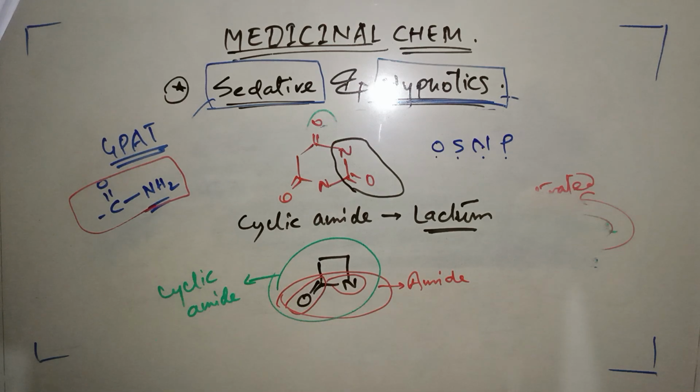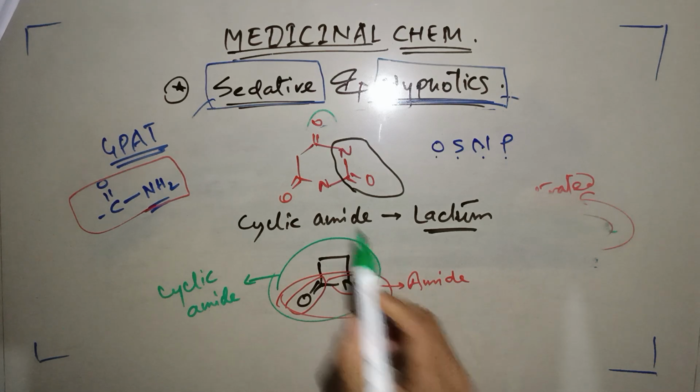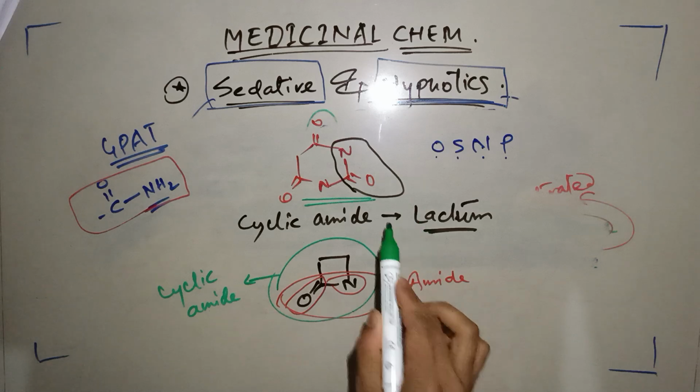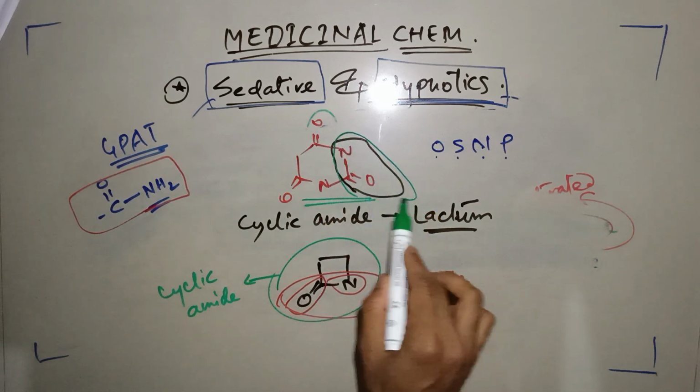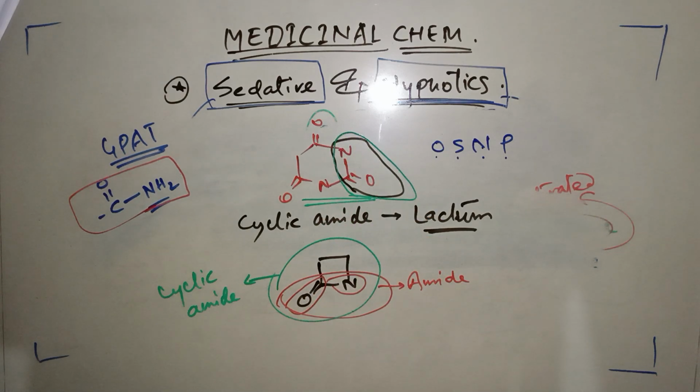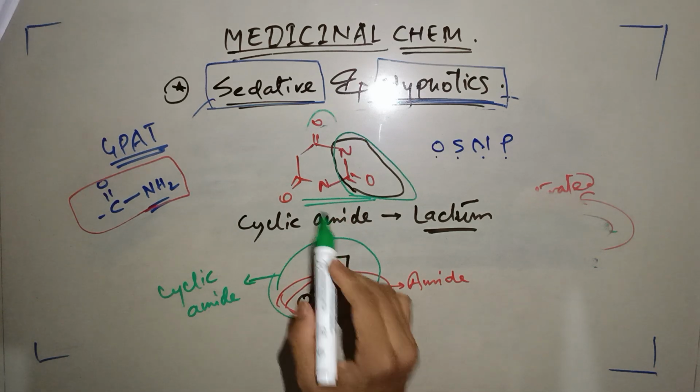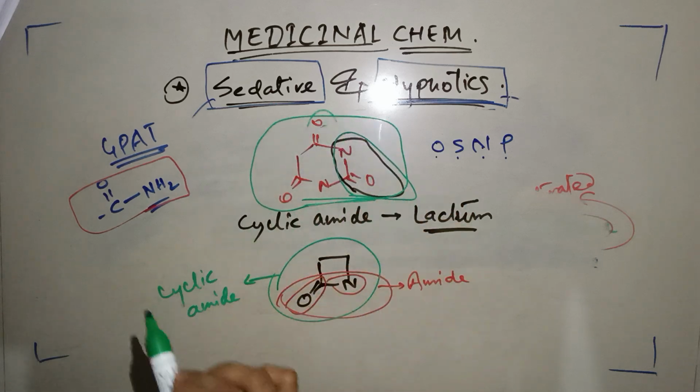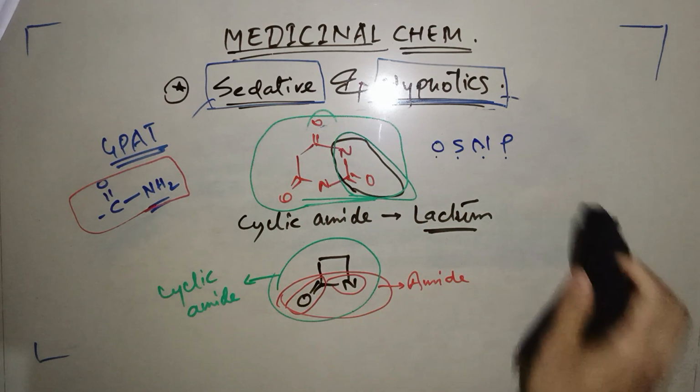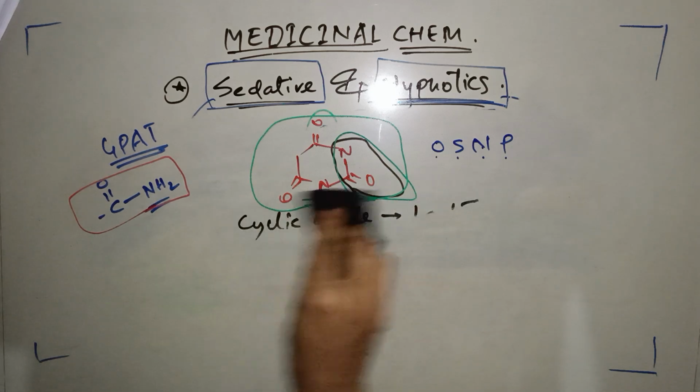That's why it is also called lactam. So you can say this is a lactam derivative, a cyclic amide derivative, or a pyrimidine derivative. You know how it is a pyrimidine derivative? You understand or not? Okay. So these are all about the barbiturate skeleton.